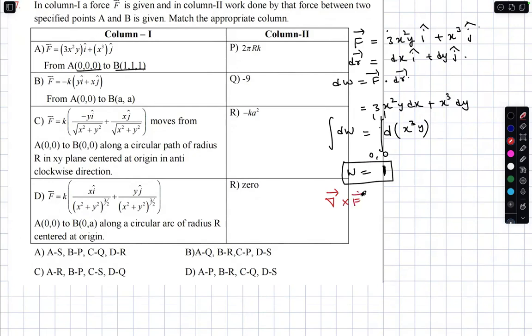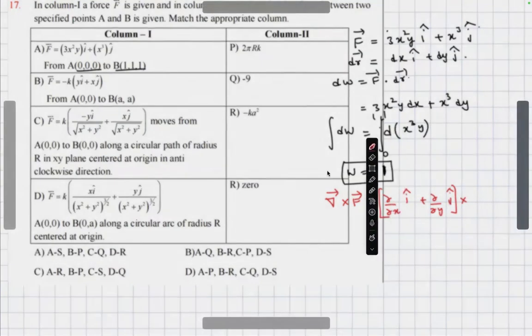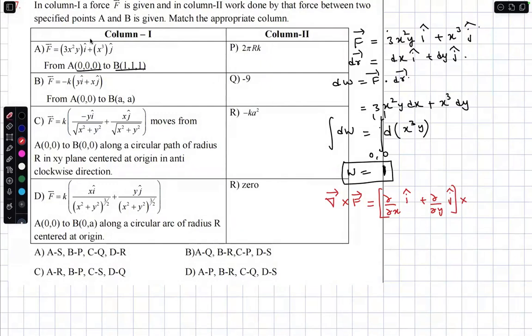Del bar cross F bar is del by del x of I cap plus del by del y of j cap, cross the function 3x square y I cap plus x cube j cap. So I cap cross j cap is k cap.